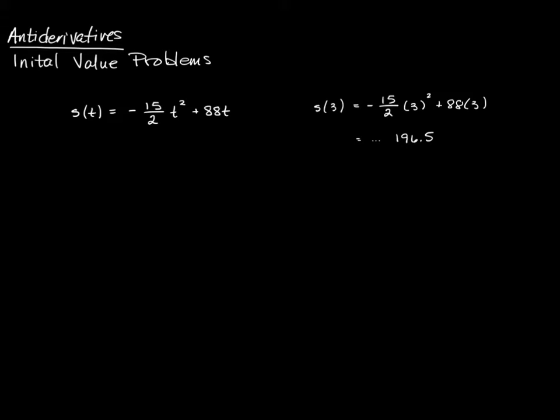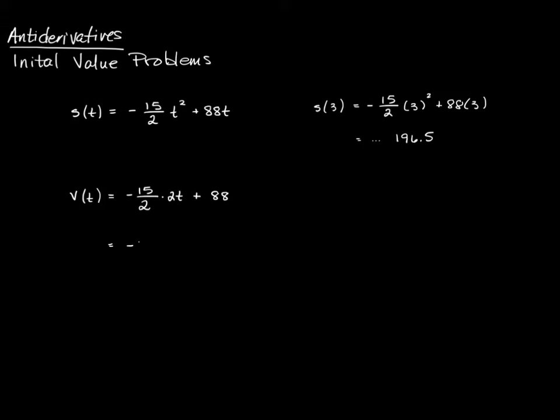We also learned, though, that the velocity of such a particle is simply the derivative of the position function. The derivative of negative 15 halves t squared plus 88t is negative 15 halves times the derivative of t squared plus the derivative of 88t.